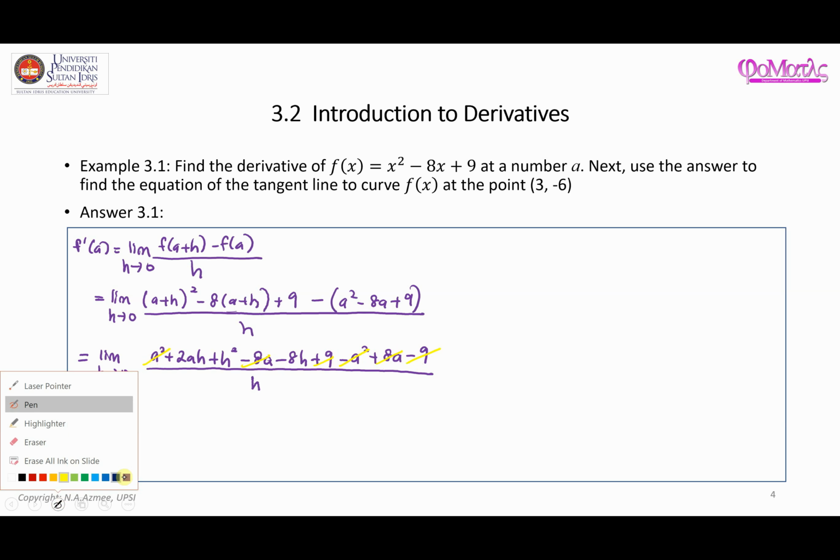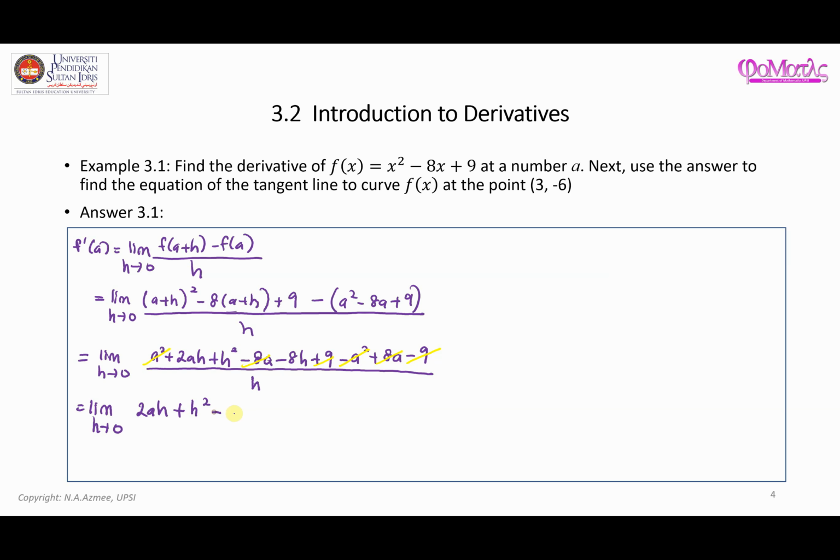And so the expression here becomes the limit as h approaches 0 of (2ah + h squared - 8h) over h. You can see that h appears in this expression, therefore we can factor h out.